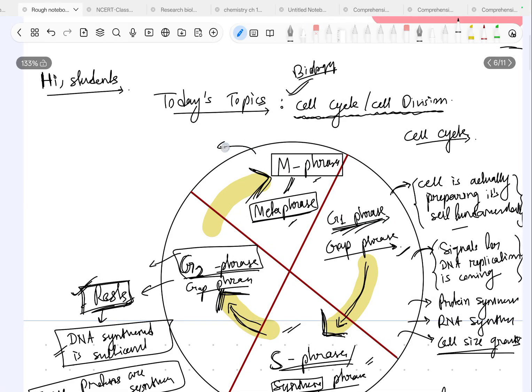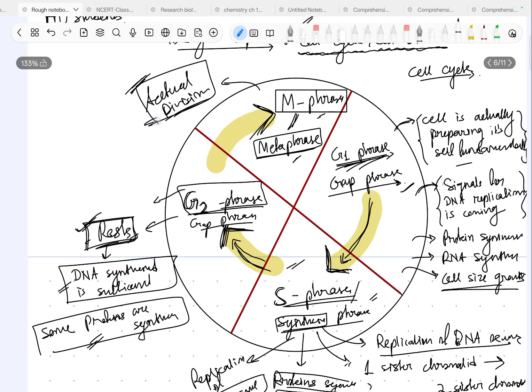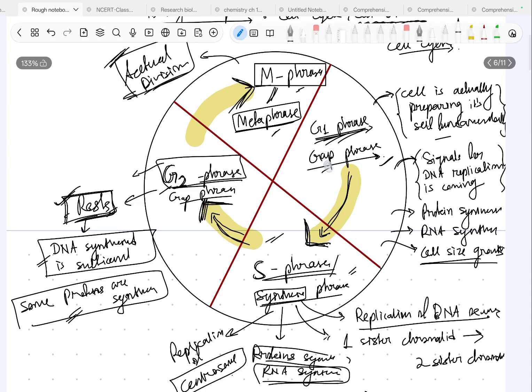What occurs here? Actual division takes place here. So today we will discuss this M phase, and we have covered all of this, G1, S and G2.